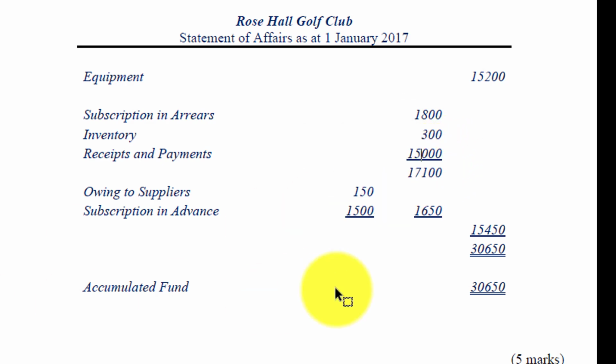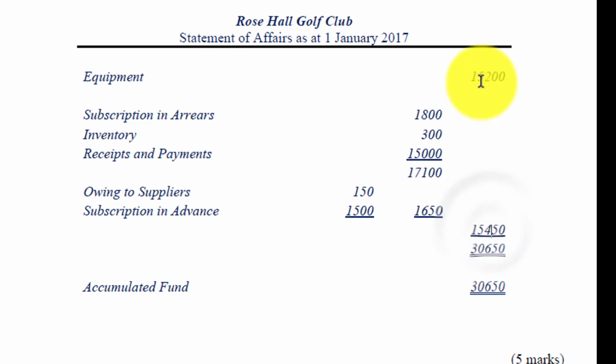Next, you're going to list your liabilities, and we have owing to suppliers, 150. That's a creditor figure. And subscription in advance, 1,500. So we add our liabilities together, we subtract from the current assets. So our net current asset or working capital is 15,450.